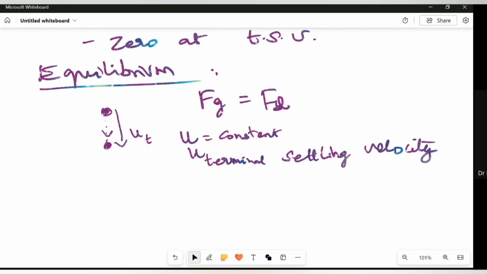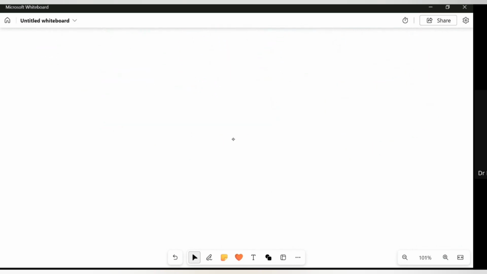Let's start deriving this equation. Now we know the basic concepts involved in this, so now we will derive the equation.